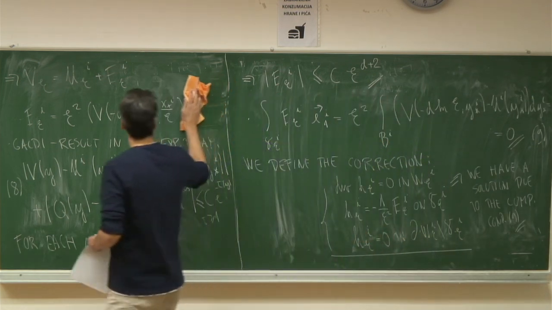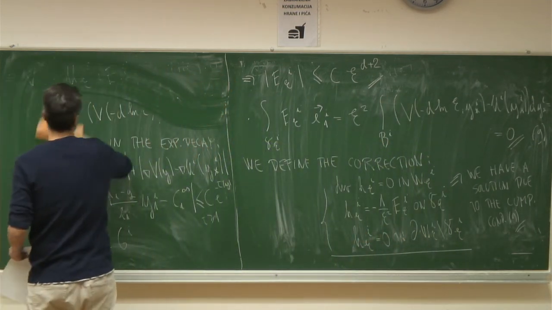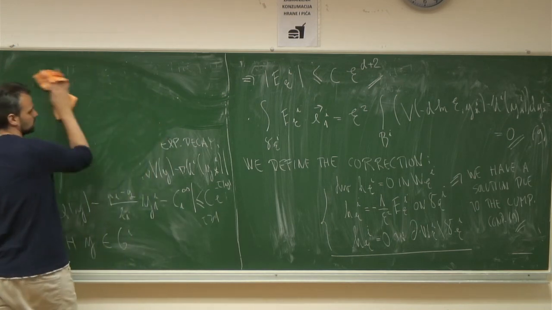Okay, so you now have basically everything to define your asymptotic approximation. So let's write this down.